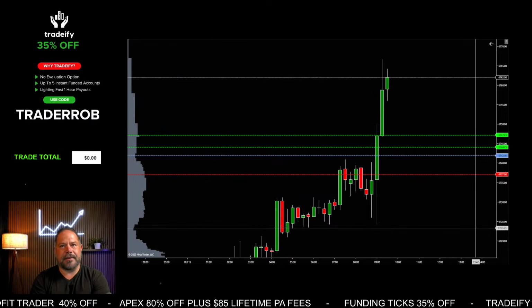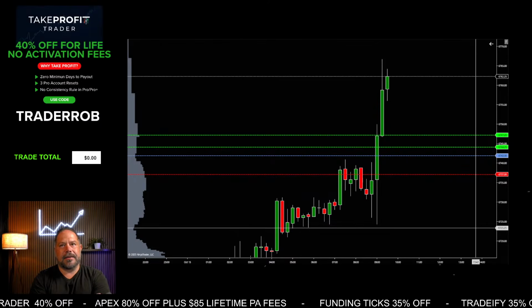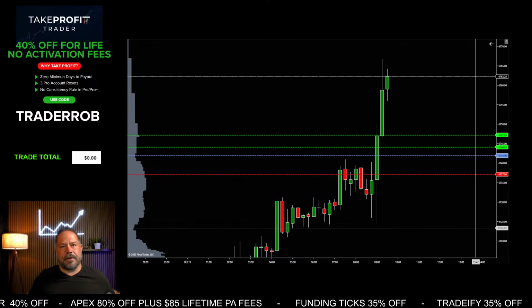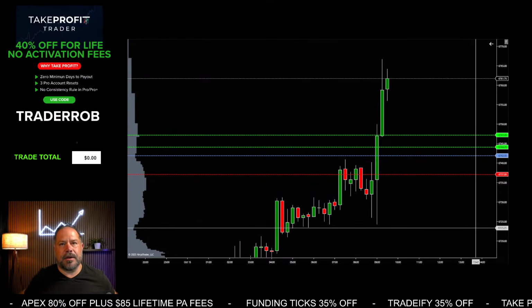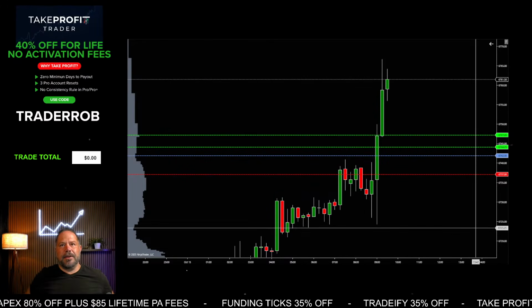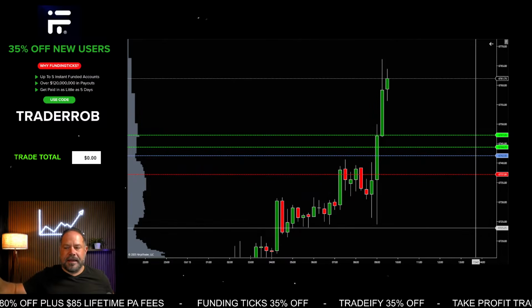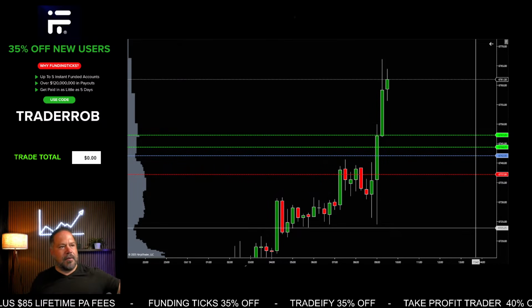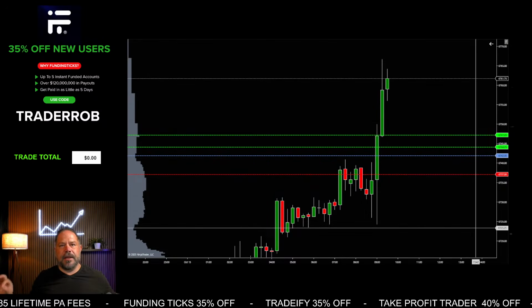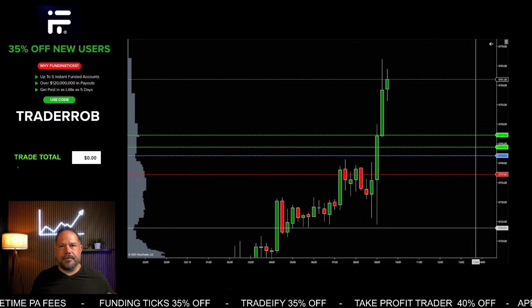What the heck happened? Well, once you start putting tools around you that are confirming your setup, you then look to those tools and say, okay, I'm going to take a screenshot of what the footprint chart was doing and what my Bookmap was doing during that setup.